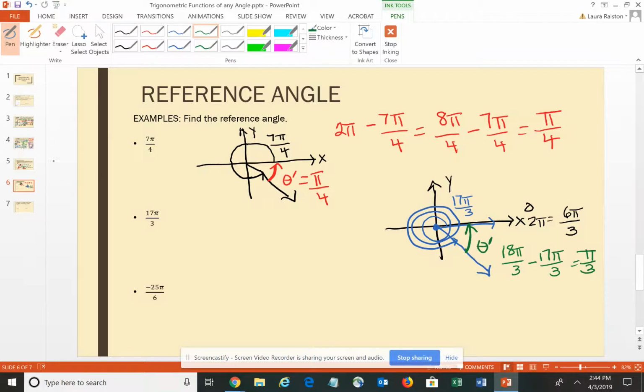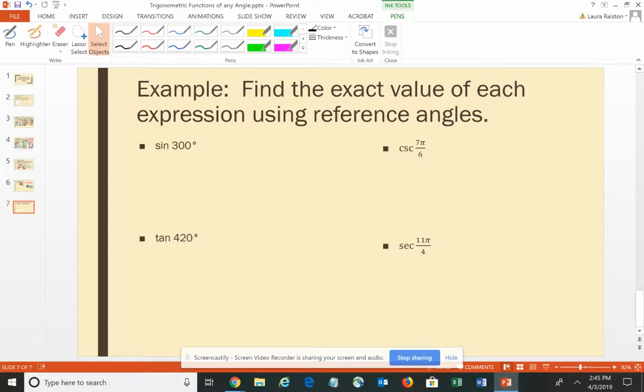And one of the reasons you want to use reference angles is because if you can learn the values in quadrant 1 of the unit circle, then you can use the reference angles to help you find the function values. For example, let me show you. If I ask you to find the sine of 300 degrees, you may not know the sine of 300 degrees right off the top of your head.